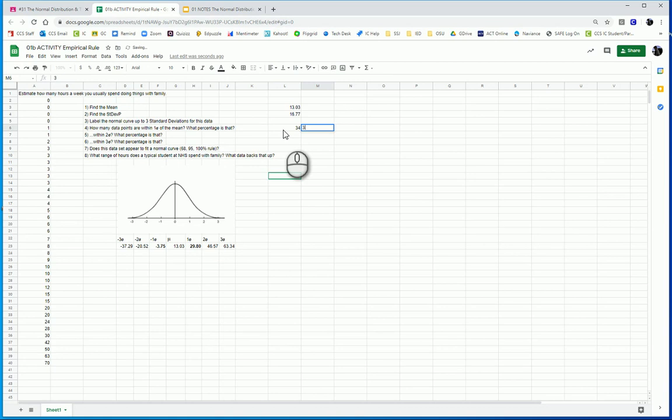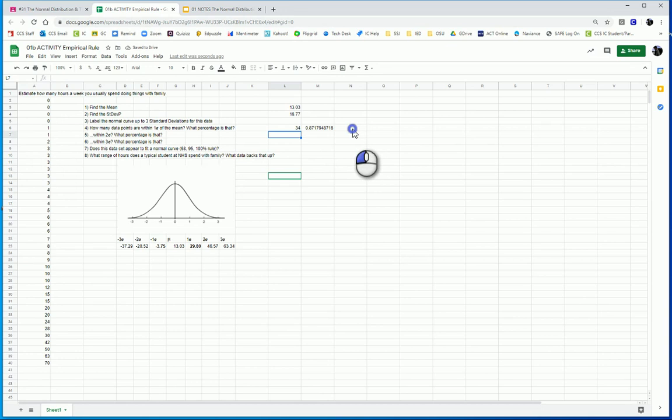So that would be 34 divided by the total. Well, there's 39 data points, even though there's 40 cells here. The top one is the title header, so you take off 1, so 39. Okay, so 87%.